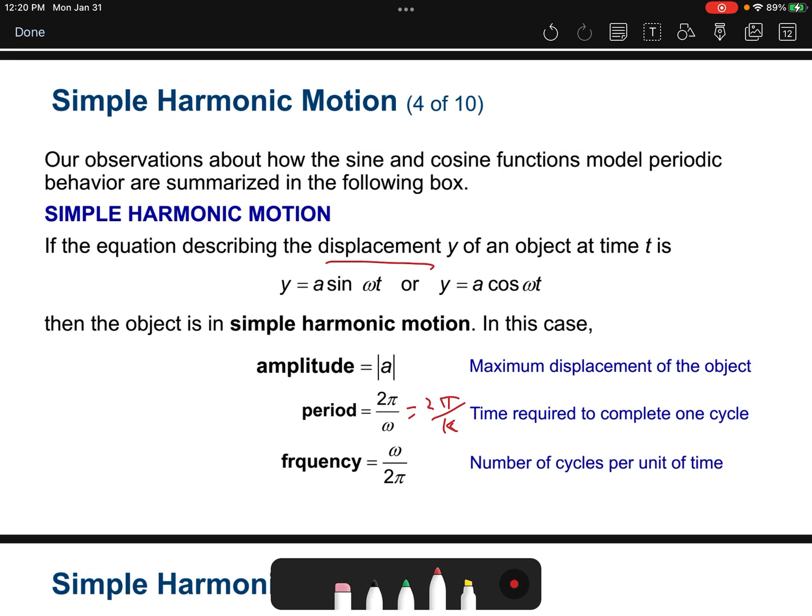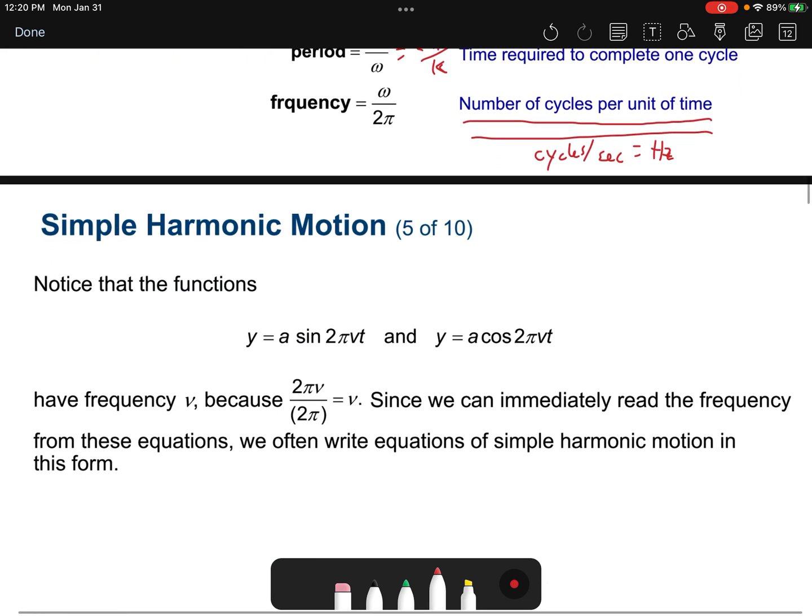But frequency is new, and that's the number of cycles per unit of time, usually cycles per second, which is what we call hertz, Hz. And that is the reciprocal of period. So omega over 2 pi is our frequency.